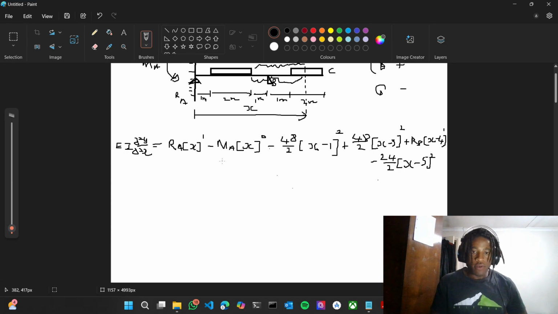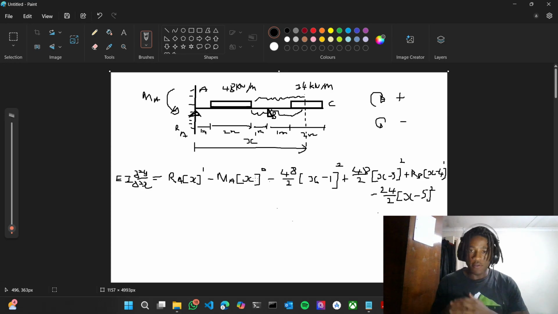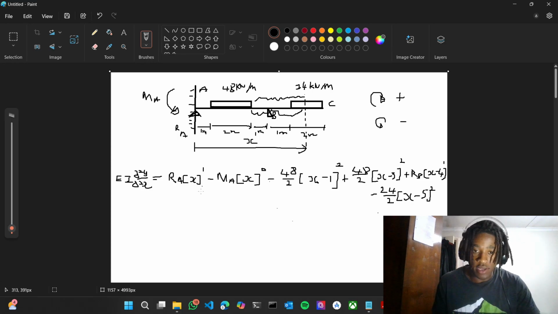Cool, so we've got our bending moment equation. Now we need to use our double integration method to find the equation of the slope and the equation of the deflection. So if we integrate this once, we're going to have EI dy over dx, which is going to be equal to, if you integrate that, x squared over 2.